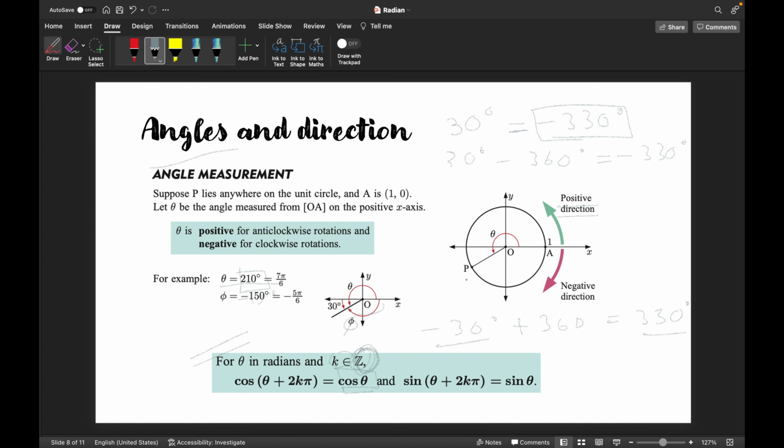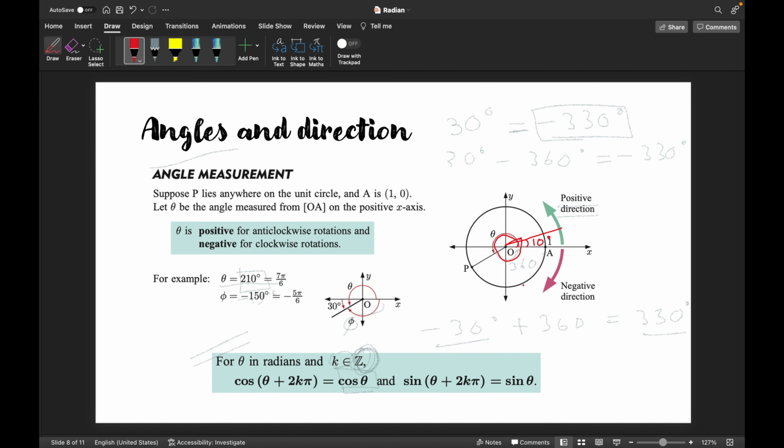This is a circle, right? This would be 360 degrees, right? What comes after that? Just imagine you go around the circle once completely and a little more. Let's say this is 10 degrees.